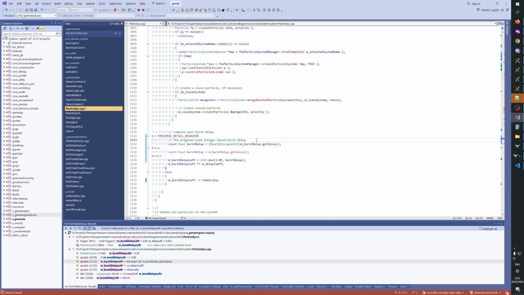Integer-based burst delay with reduced precision, preserve that, keep it to preserve the original look of particles.